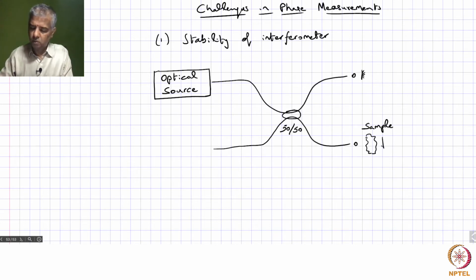So you can move the sample across, and then you can map out the surface roughness of this sample. So that could be a potential application.